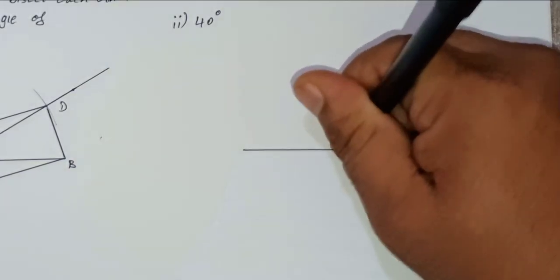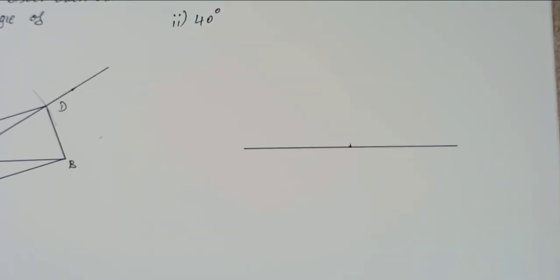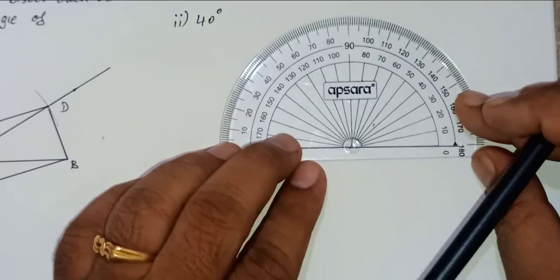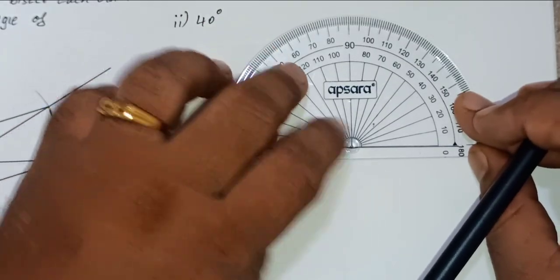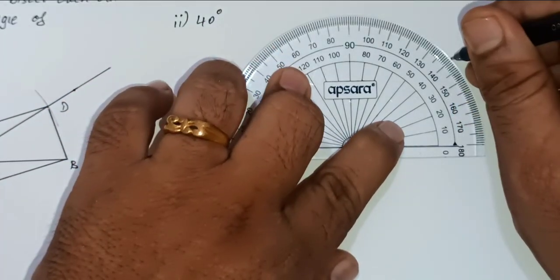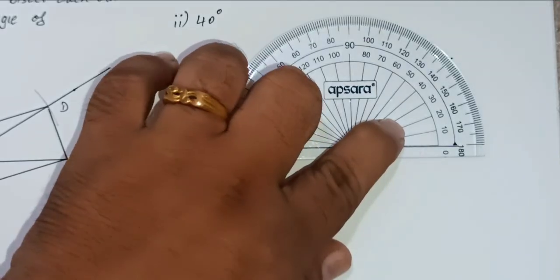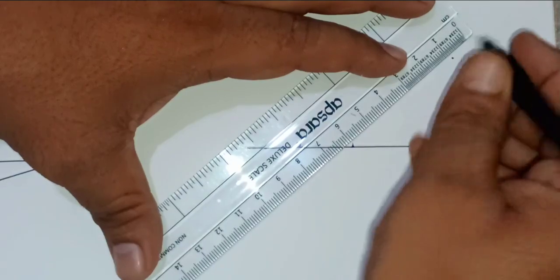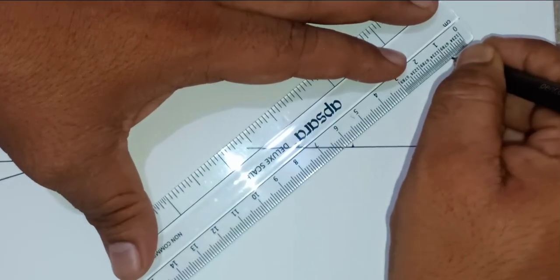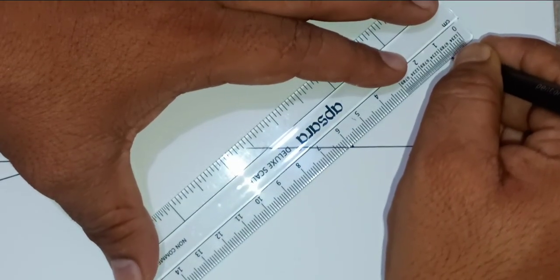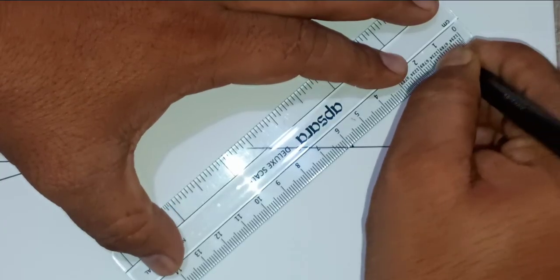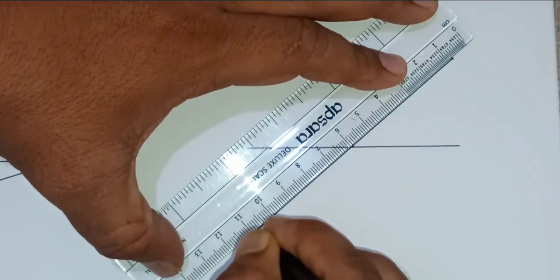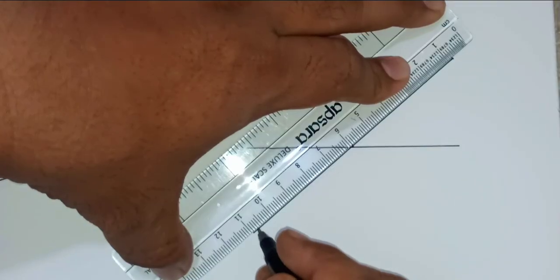I'll put one point. Then with the help of the protractor, we'll put here a 40 degree angle. We'll mark a 40 degree angle, and with the help of a ruler and the 40 degree point, draw one diagonal to that.